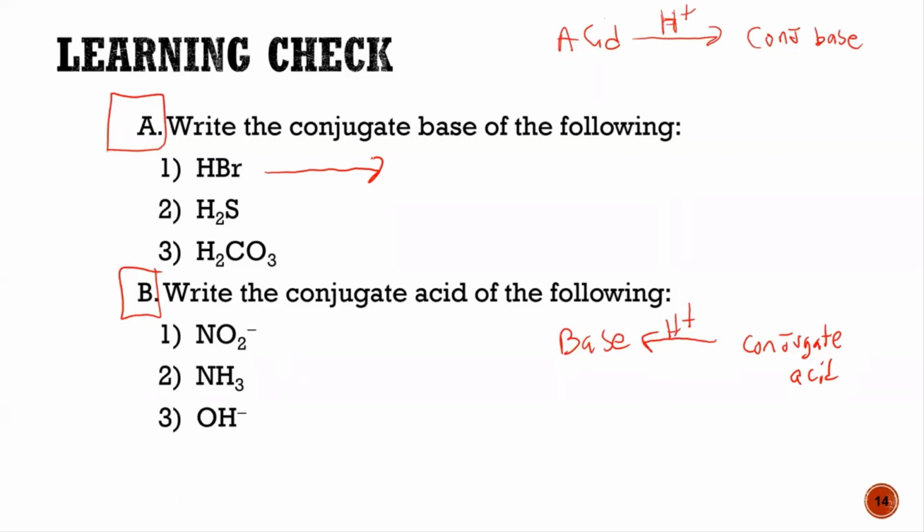We know it's an acid, we see it in the name, but Br. Br minus, right? Because there's also what in solution? The proton. Does that make sense? So what about for hydrosulfuric acid? What would be the conjugate base?